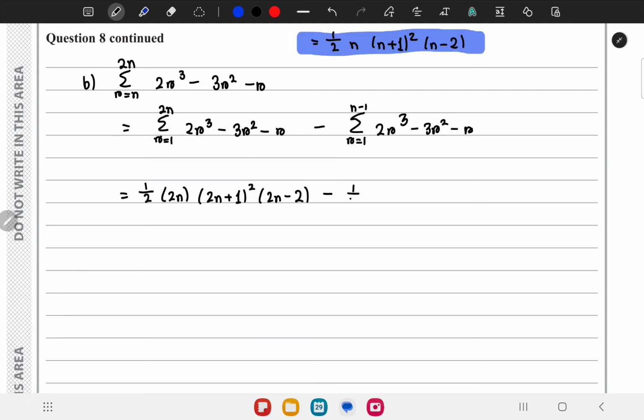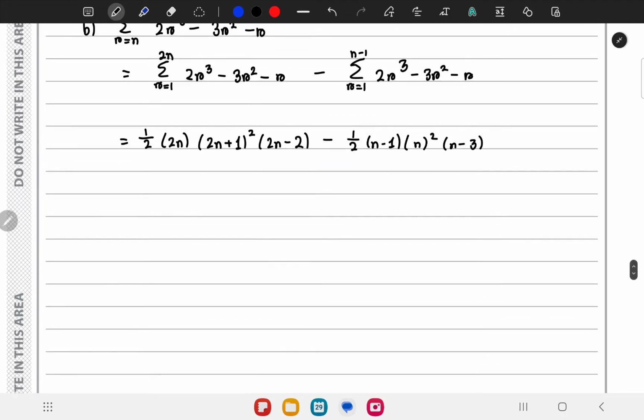Then you subtract half times n minus 1 times n minus 1 plus 1, so n squared, and then you have n minus 1 minus 2, so n minus 3. We can also write this like this, or half into 2n times 2n plus 1 whole square times 2 times n minus 1. I'll separate this because there is an n minus 1 over here as well, so we can take that out.